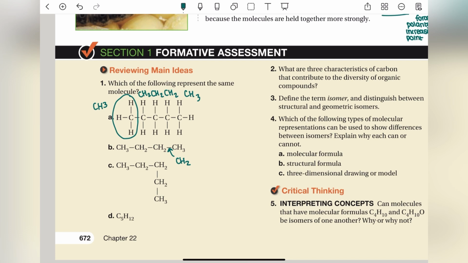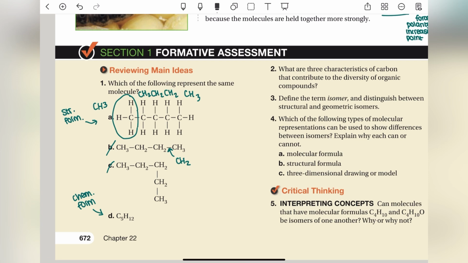Then looking at C, it doesn't look like anything that we see above, so we're going to have to cross this out immediately. And then D, it looks exactly like A, but this is a structural formula, and this is a chemical formula of the same compound, because we do indeed have 5 carbon atoms, 1, 2, 3, 4, 5, and 12 hydrogen atoms if you count them all.